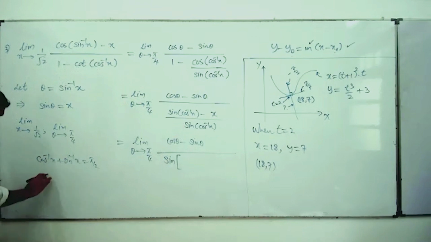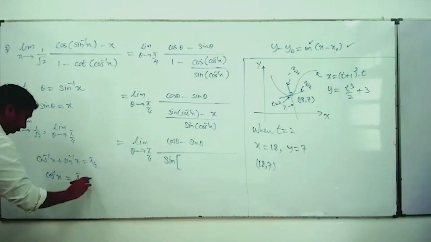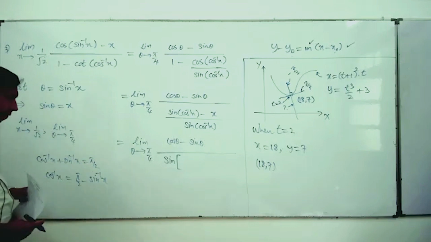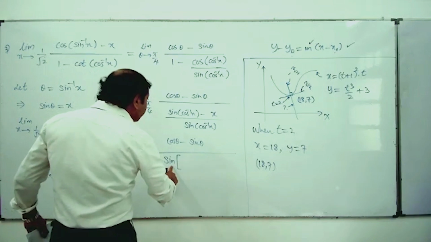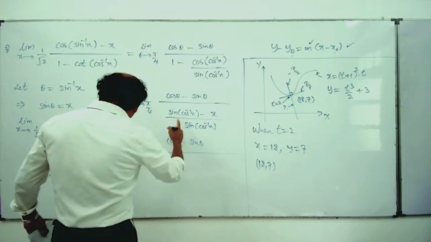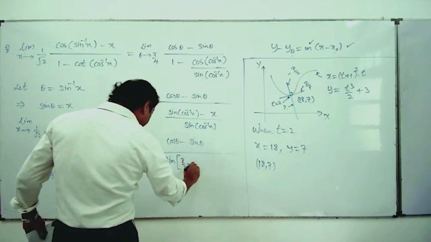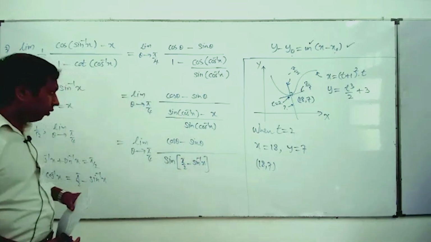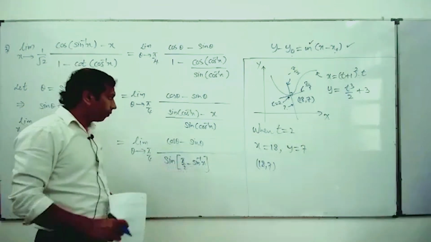Then what is cos inverse x? Cos inverse x equals pi by 2 minus sin inverse x. Then I can write here sin cos inverse x as sin of pi by 2 minus sin inverse x.